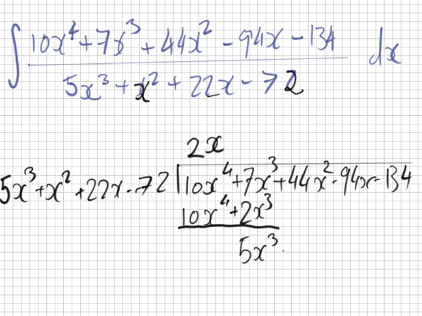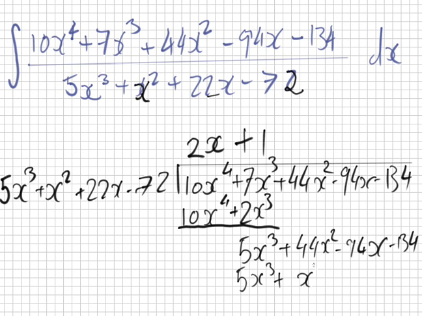Subtracting leaves 5x cubed plus 44x squared minus 94x minus 134. Well, the only thing here is 1. 5x cubed plus x squared minus 22x minus 72. Now I know I need to stop here because I have my linear on top.